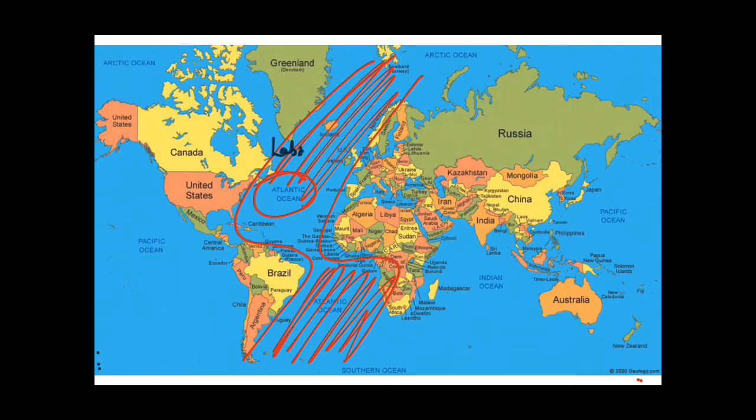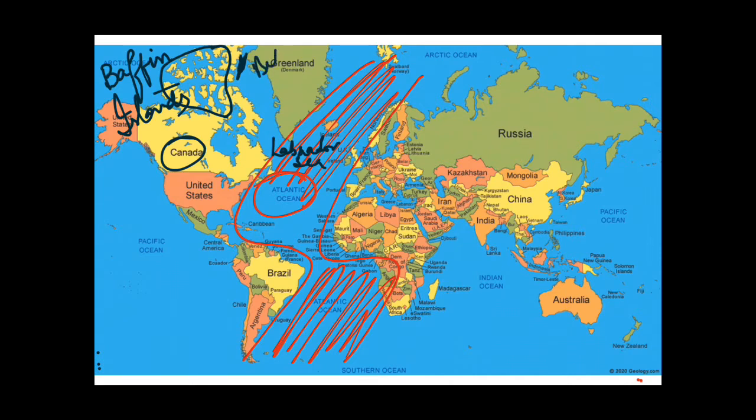It is a part of the Atlantic Ocean, and also you can see this is Canada, and these small islands are the Baffin Islands. These Baffin Islands are also the territory of Canada, and here you can see this is Baffin Bay, which is also part of the North Atlantic Ocean.